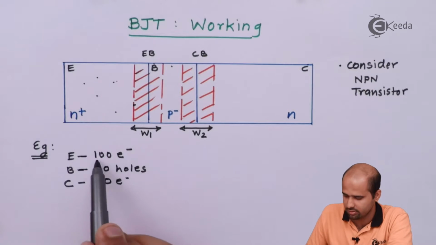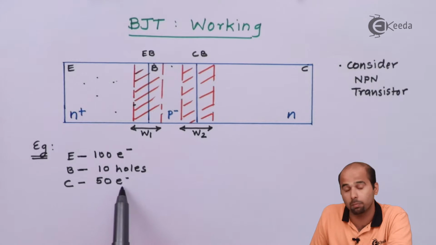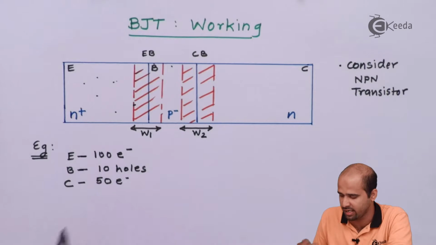As the emitter is heavily doped, the base is lightly doped, and the collector is moderately doped, that's why the figures come out like this: 100, 10 and 50.